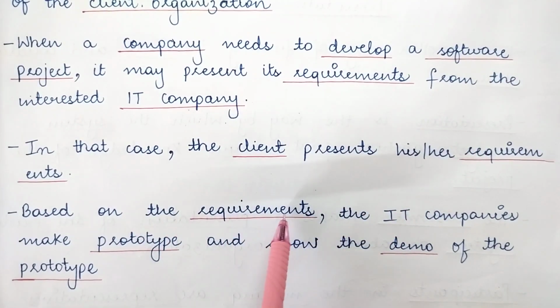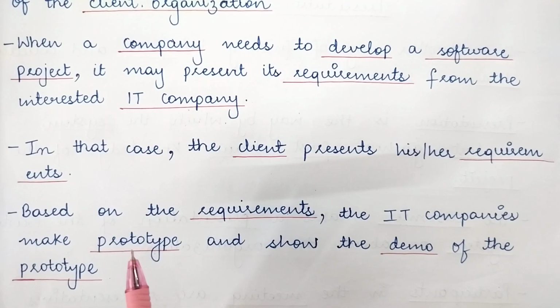Based on the requirements, the IT companies make a prototype and show the demo of the prototype. Now during the presentation, when the IT team gets to know about the existing system, the working of the organization and the requirements of the client from the new proposed system, based upon all these facts and data collected, the IT company makes a prototype. Now prototype, I have told you earlier also, is a working model of the proposed information system.